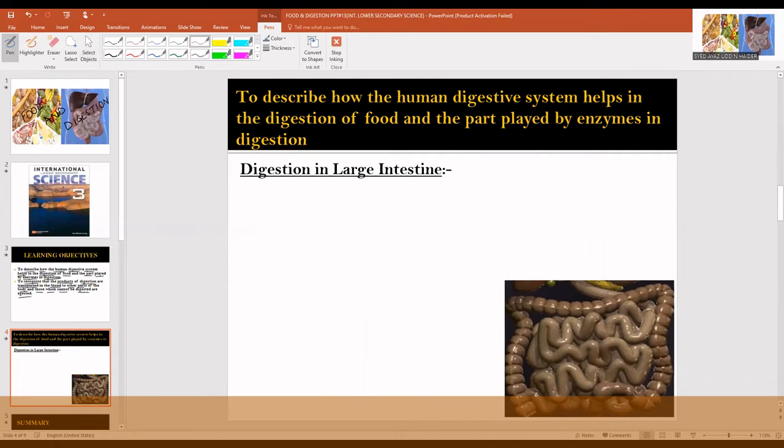Now this part is known as the large intestine.